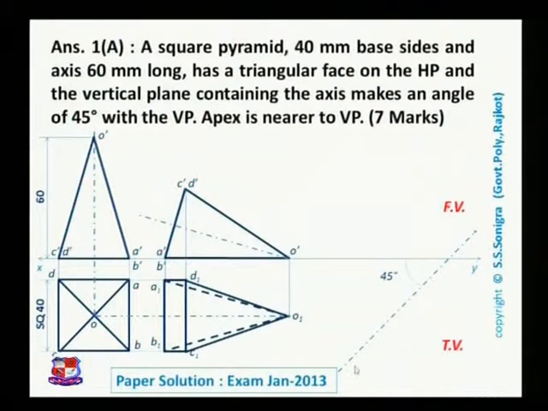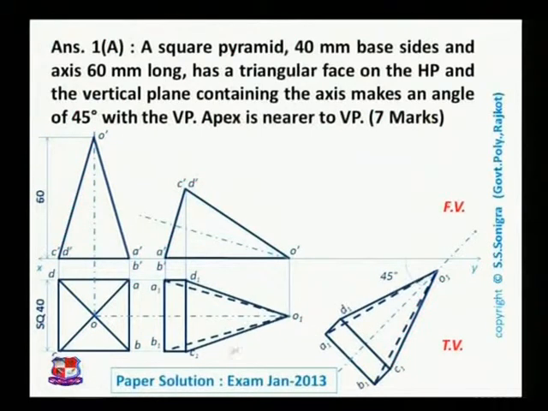Draw a center line at an angle of 45 degree with XY line and redraw this figure over here such that the axis of this top view makes an angle of 45 degree with XY line. Just we have to redraw. There are numerous methods to redraw any figure. You can use the method of dimensioning, measure the dimensions of each length.